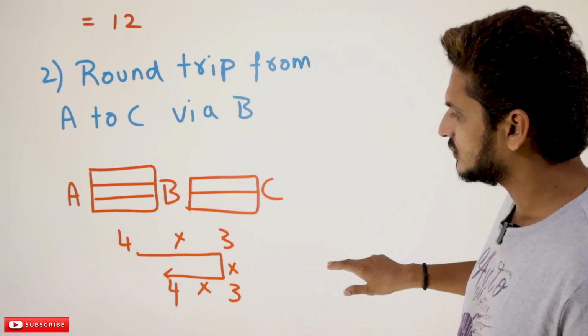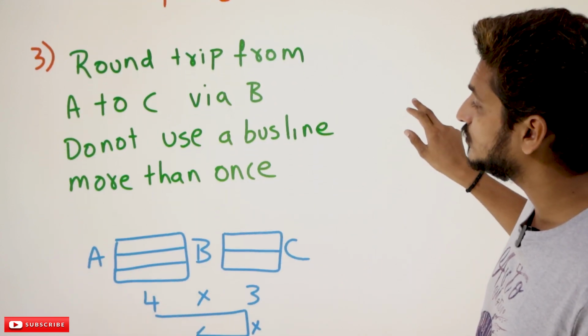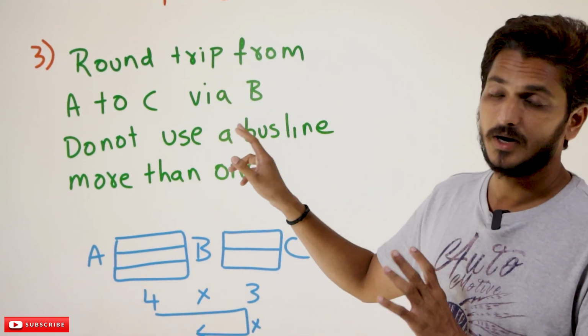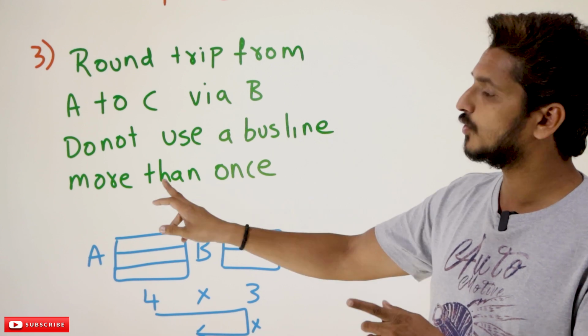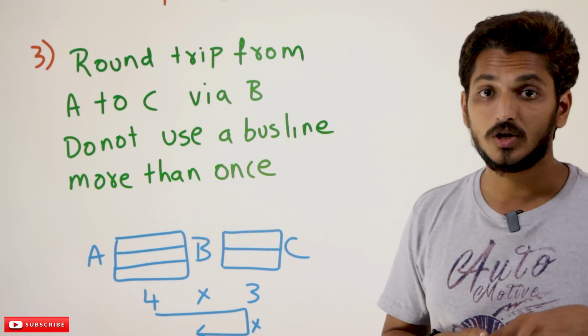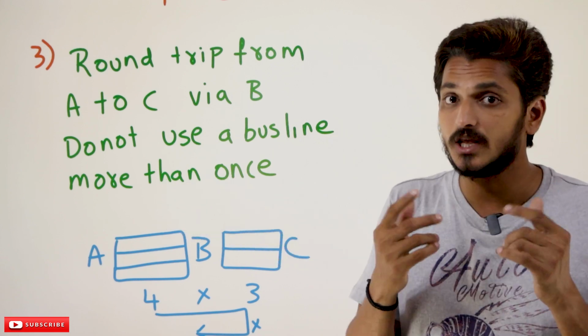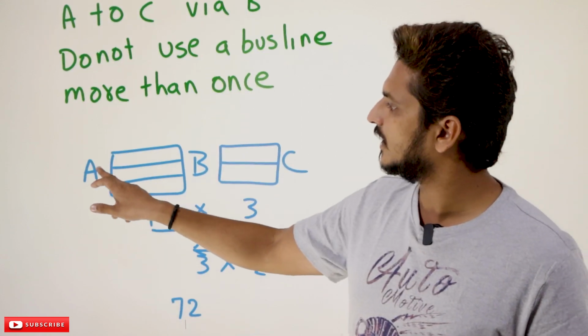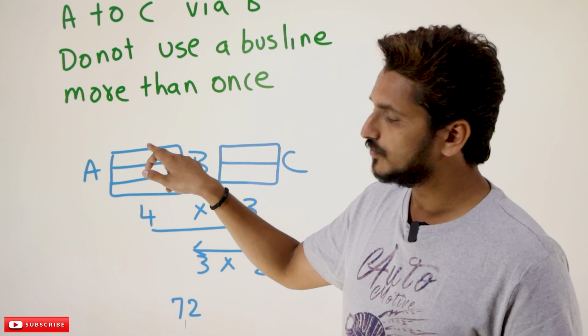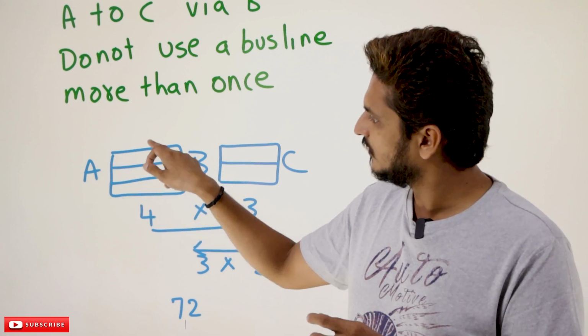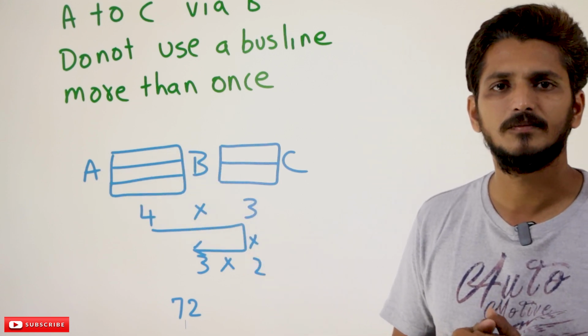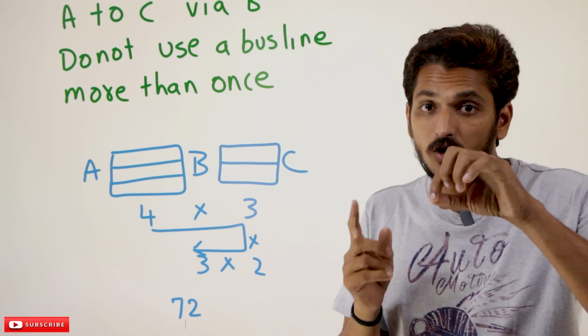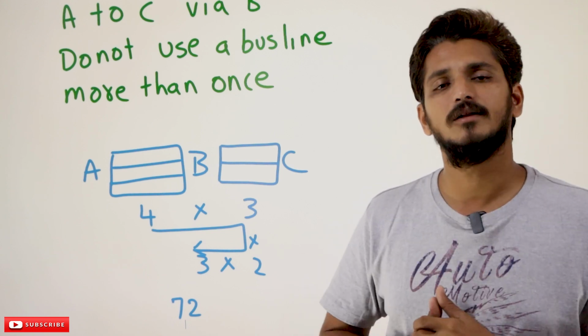Okay, coming to the next one, round trip from A to C via B, but do not use a bus line more than once. You are not supposed to take the bus line more than once. That means suppose if you want to move from A to B and you take the first line, you are not supposed to use that line again.